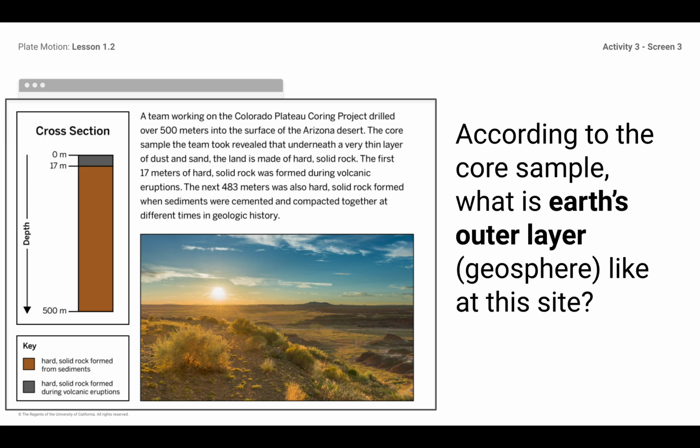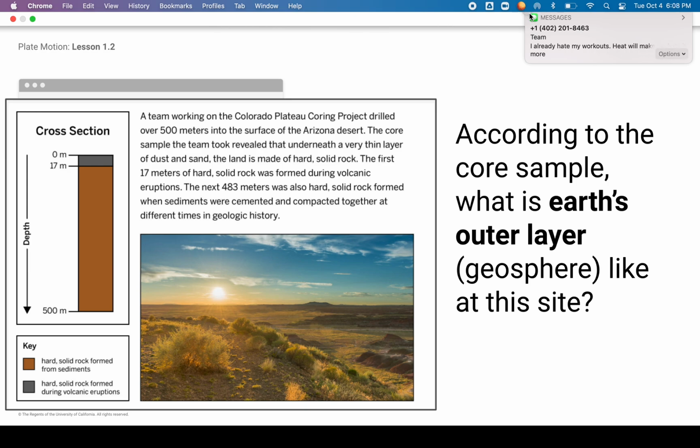So this first one was taken at Colorado Plateau Coring Project. So this is in Colorado, and it's over 500 meters into the surface of the Arizona desert. Okay, it's not in Colorado. I lied. Sorry, it's in Arizona. So you would think that it is all sandy.